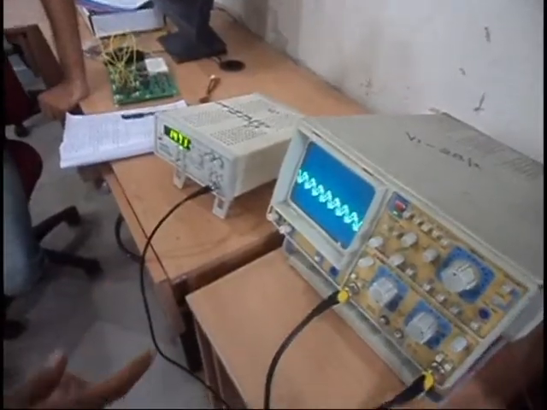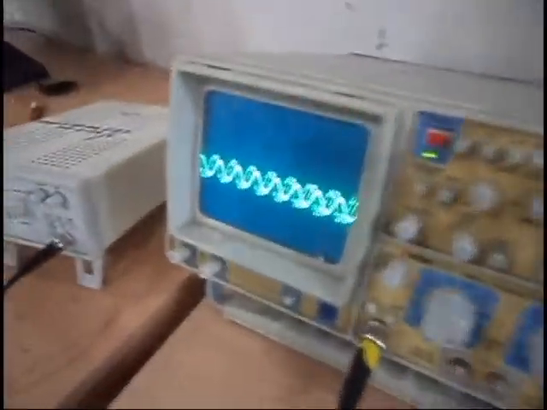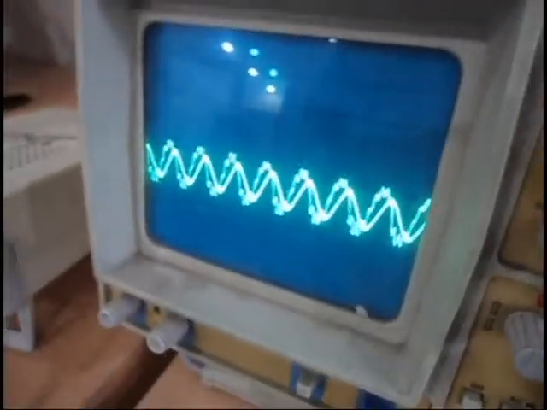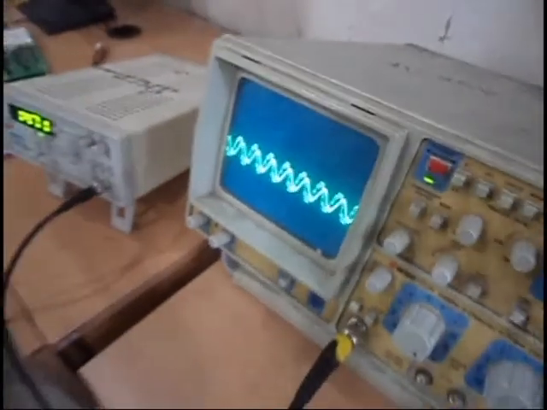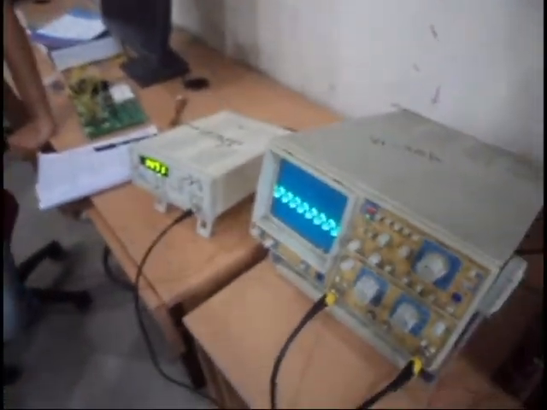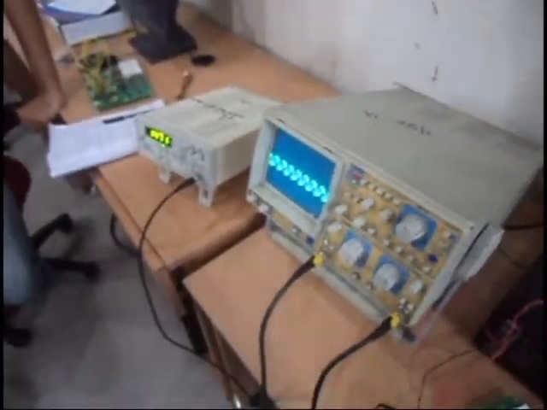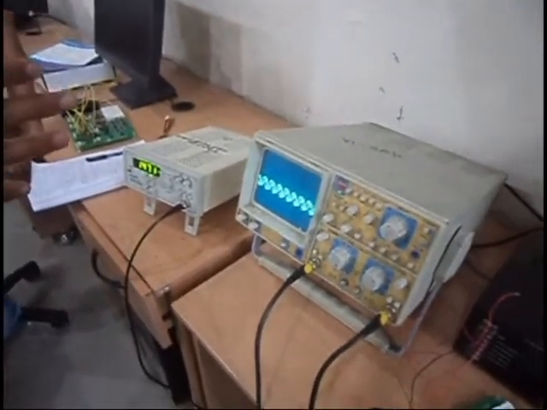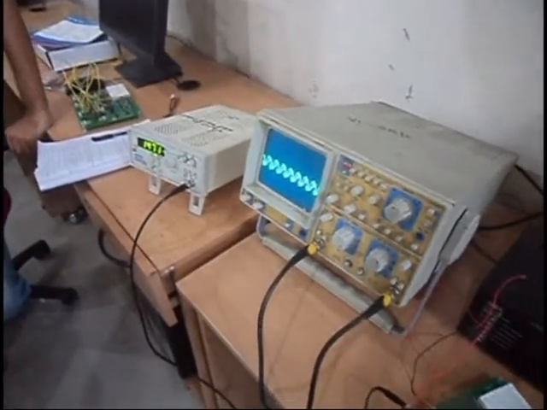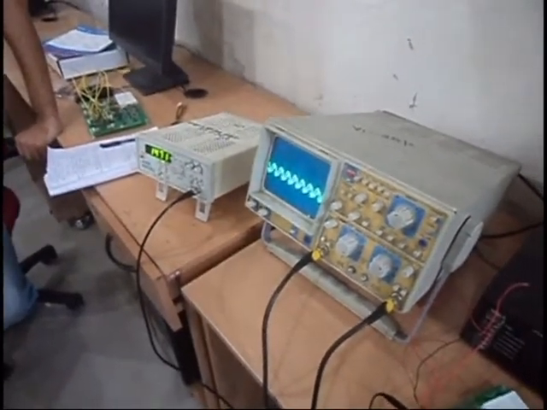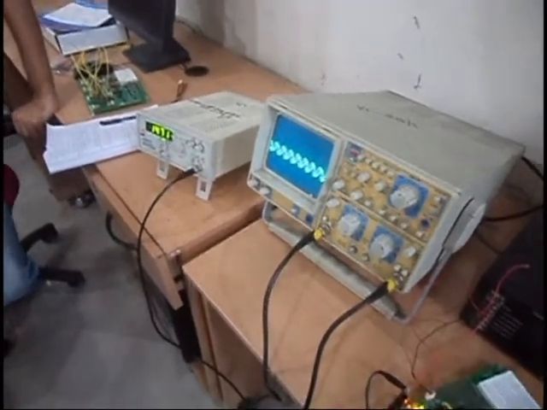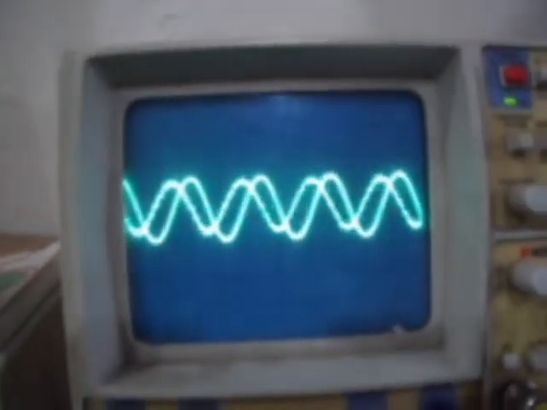At low frequency, it is obvious that 1 by j omega C will be greater, and due to the shifting of the quiescent point, this differentiator also acts like a filter, but is unable to filter out some signal at low frequency. That's why ripples come into the picture. If we provide a capacitance in parallel to the output, then these ripples can be removed. For higher frequency this is not a problem.